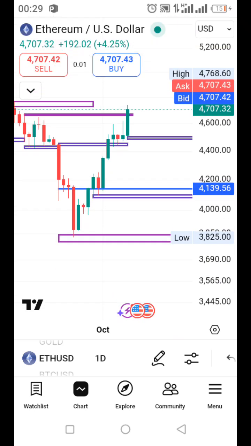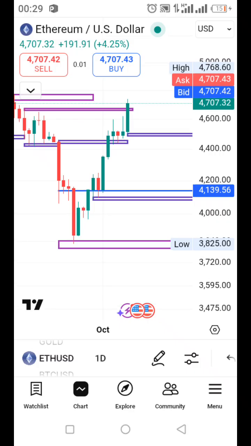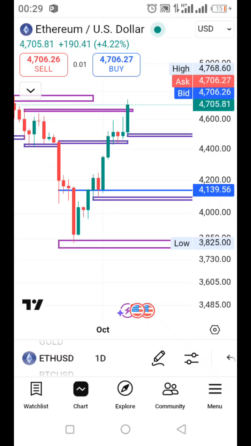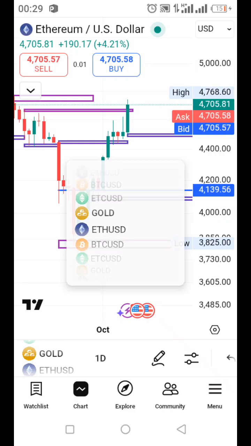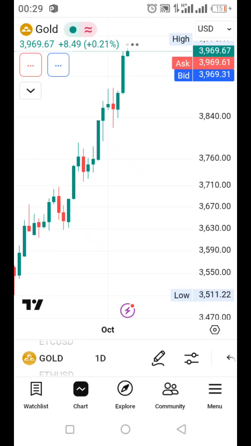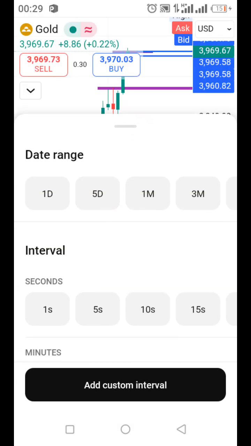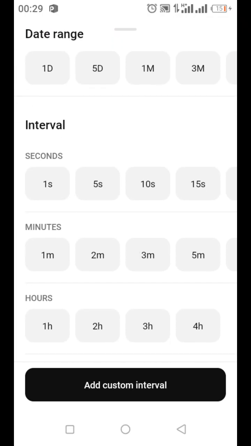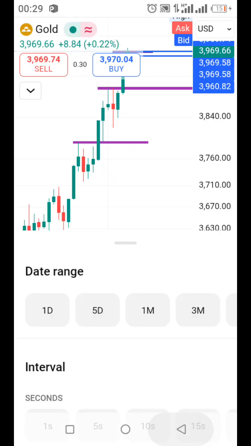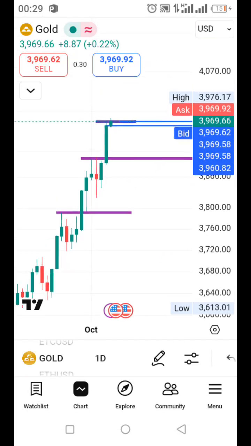Wow, this trade will still buy, because Ethereum USD will still buy.